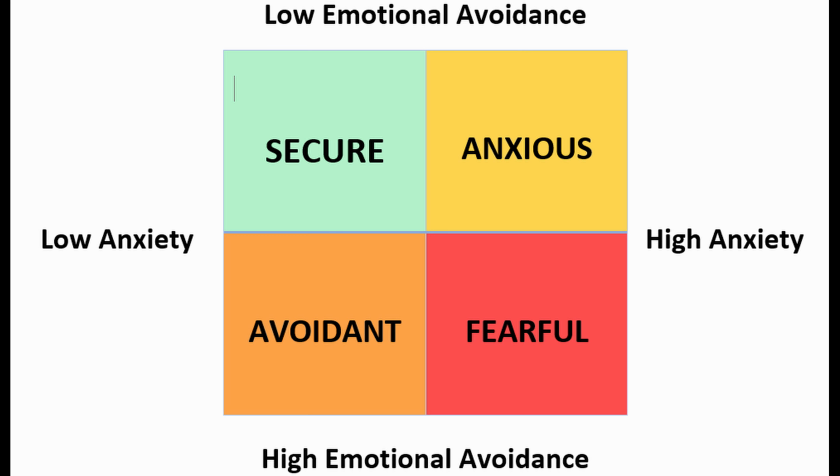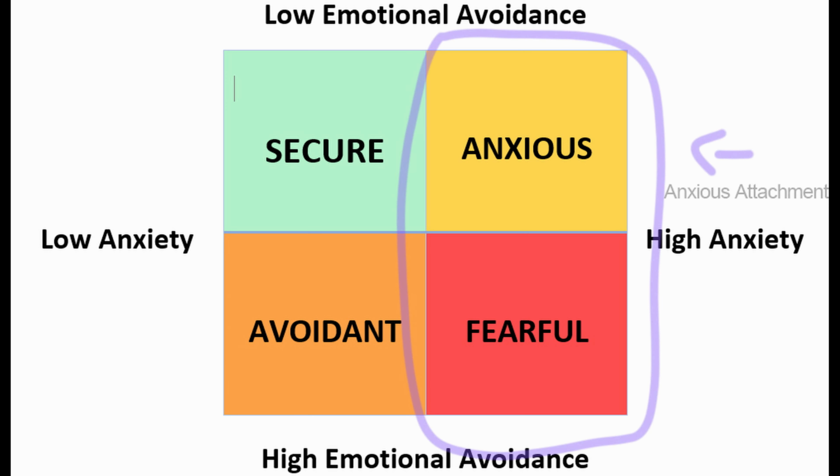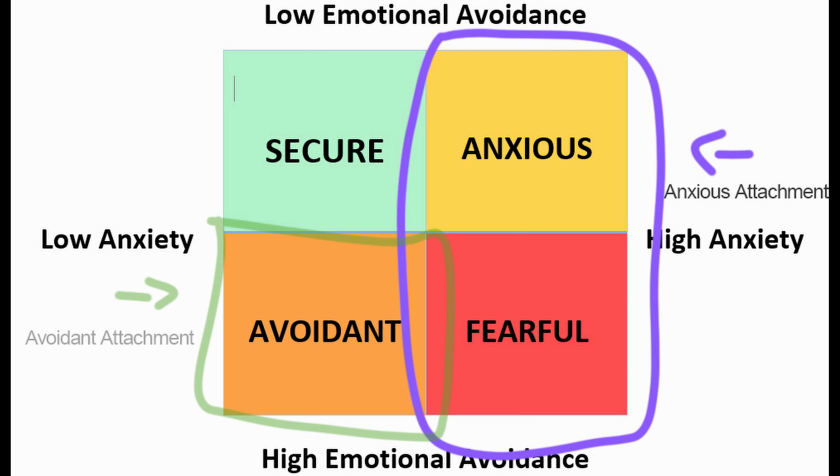Now, what a lot of therapists tend to do when talking about attachment styles to people is say, okay, if you have a high anxiety attachment style, you're going to be either anxious or fearful. Let's put them together and call that an anxious attachment style. And if you have a low anxiety attachment style, let's call that an avoidant insecure attachment style.